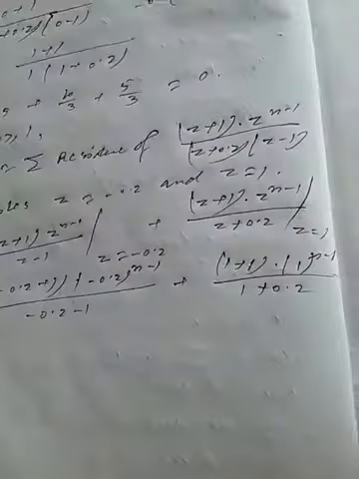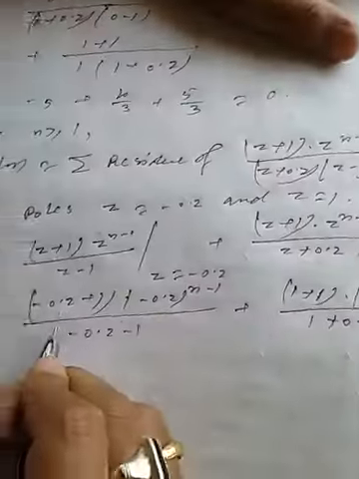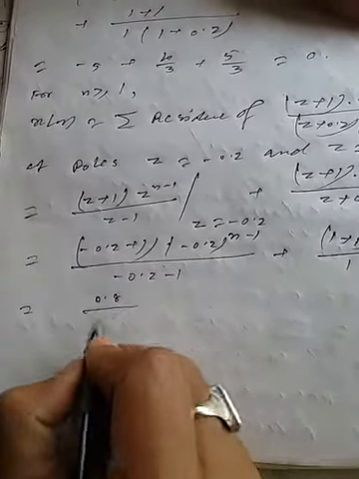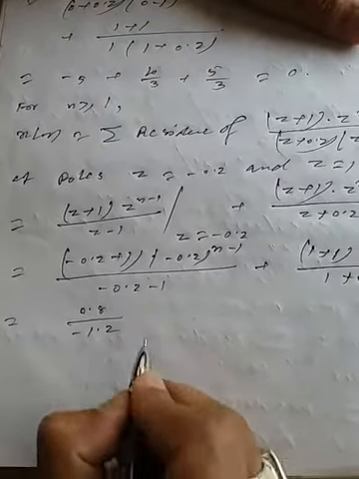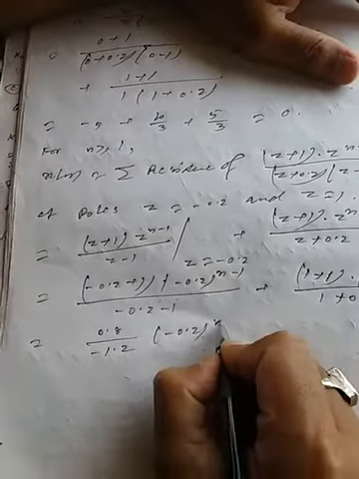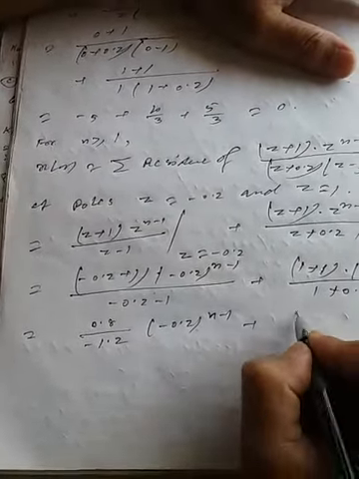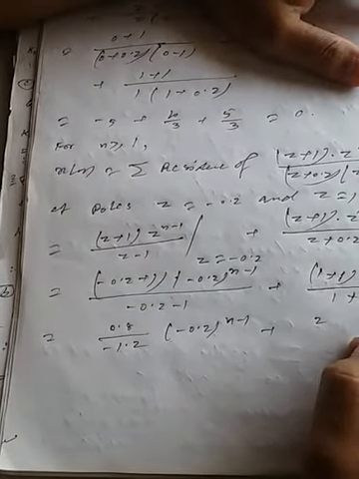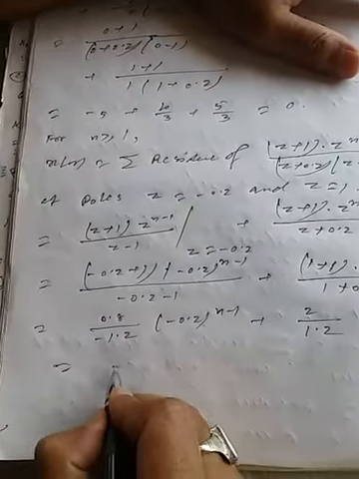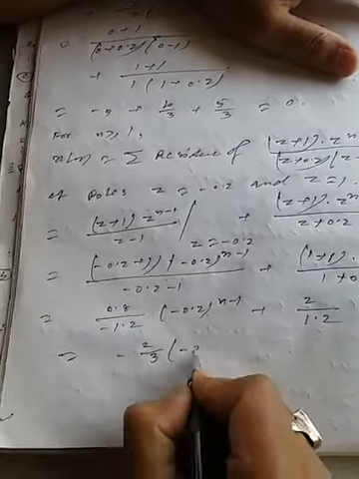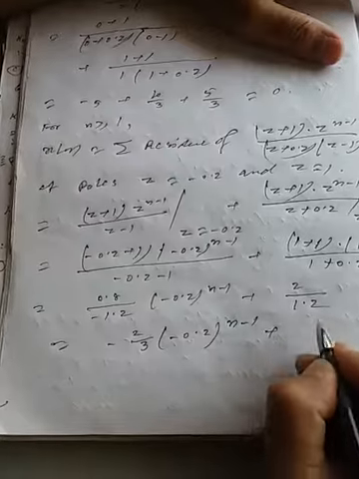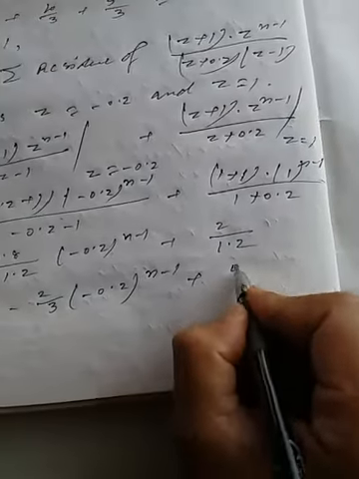So this portion is basically 0.8 divided by minus 1.2, right, into (minus 0.2) to the power n minus 1, and this portion will be 2 divided by 1.2, right? So the first portion will be minus 2 by 3 into (minus 0.2) to the power n minus 1, and this will be 5 by 3.